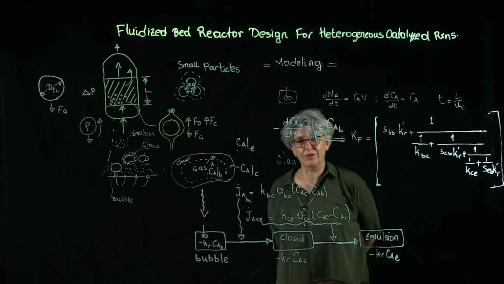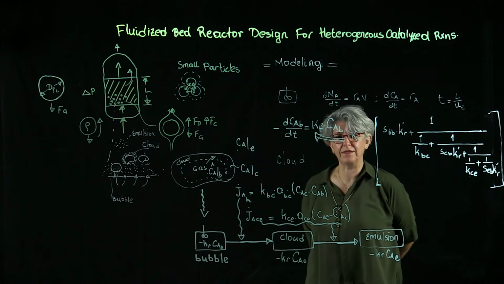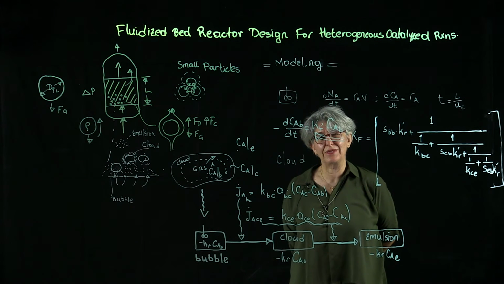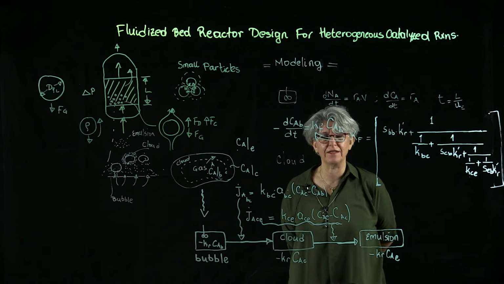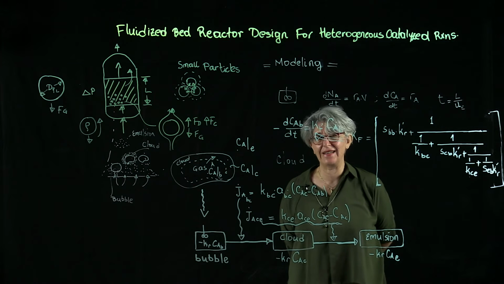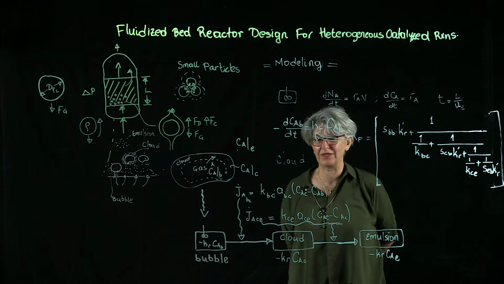Here on the board, we are going to look at the derived composite resistance, which is labeled as capital K sub F, which has all the components of mass transfer and a reaction into consideration.